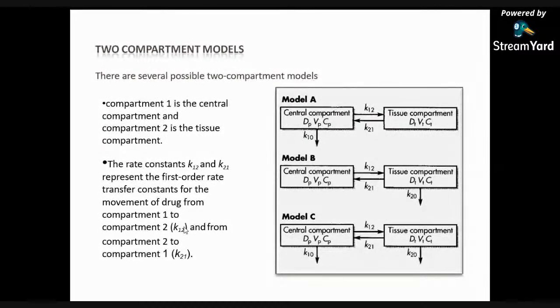The rate constants k12 and k21 represent the first order rate transfer constants for the movement of the drug from compartment 1 to compartment 2, and from compartment 2 to compartment 1. You can observe this in these different models.